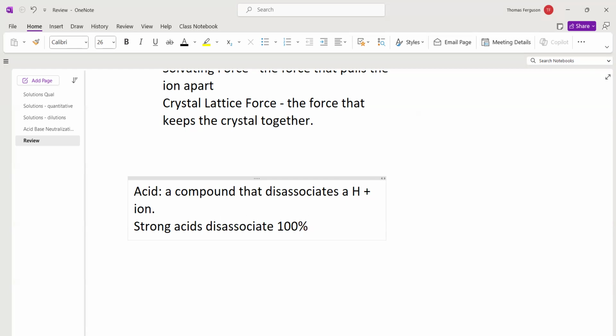Okay, a strong acid disassociates 100%. That means there's nothing left of the original.